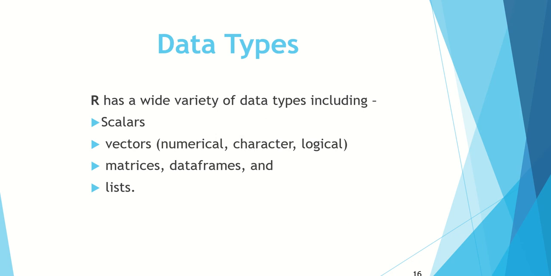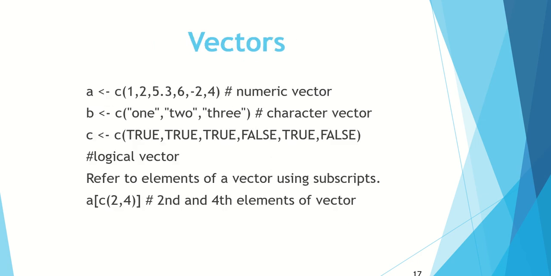R supports different types of data types, including scalar data types, vectors, matrices, data frames, and lists. Data frames, I will mention, are the most used data type in R. Vectors store different amounts of data, but one vector can store only one category of data at a time.